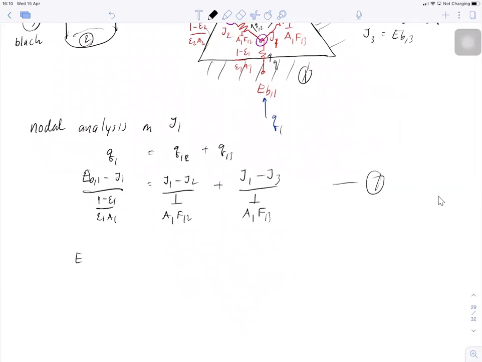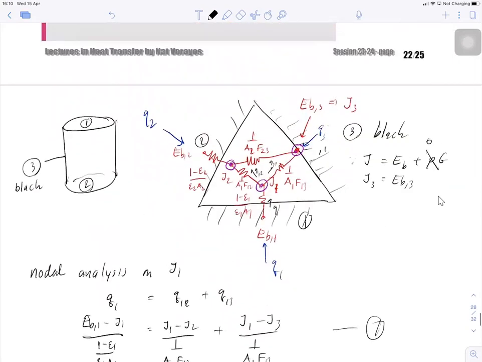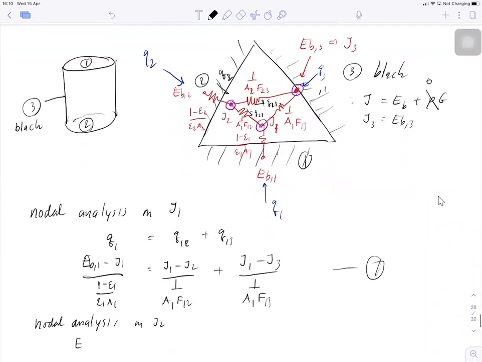And then you do the same nodal analysis on J2. What is J2 again? Let me erase this one first. So it's going to be Q2, decomposing into Q2 to 3 and Q2 to 1, right?